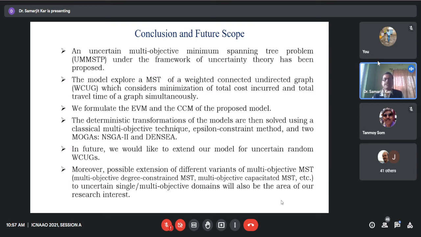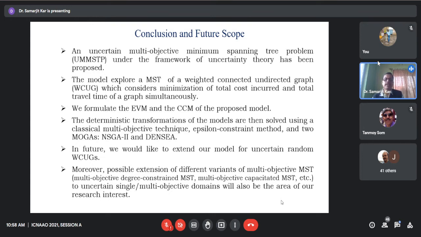So in the conclusion, obviously we believe that our model extends the ability from the multi-objective minimal spanning tree problem to the uncertainty based multi-objective minimal spanning tree problem. And here we consider this uncertainty based multi-objective problem through Liu's uncertainty measure.